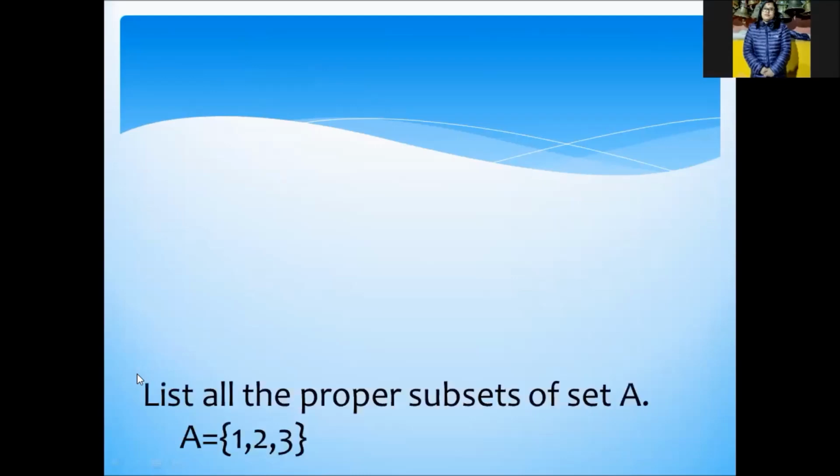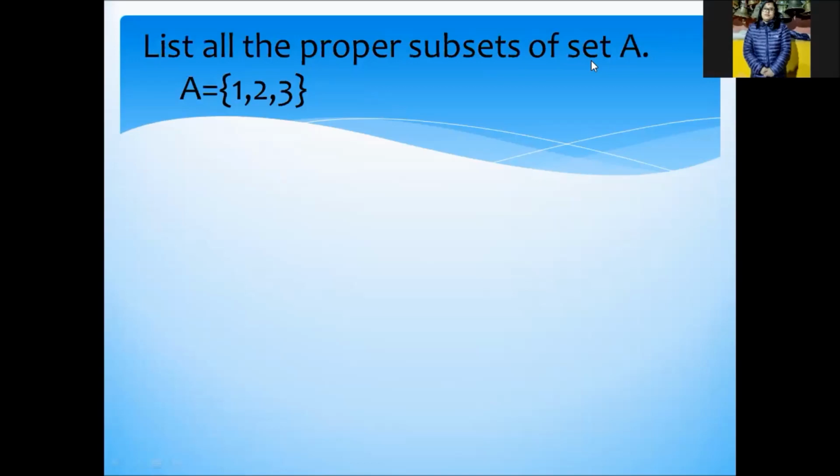Okay, next example. List all the proper subsets of set A. Same example. Okay, A is 1, 2, 3. We found 8 subsets in the example before. So here you have to find the proper subsets. How many proper subsets? Okay, first {1}, {2}, {3}, {1, 2}, {2, 3}, {1, 3}, and the empty set.